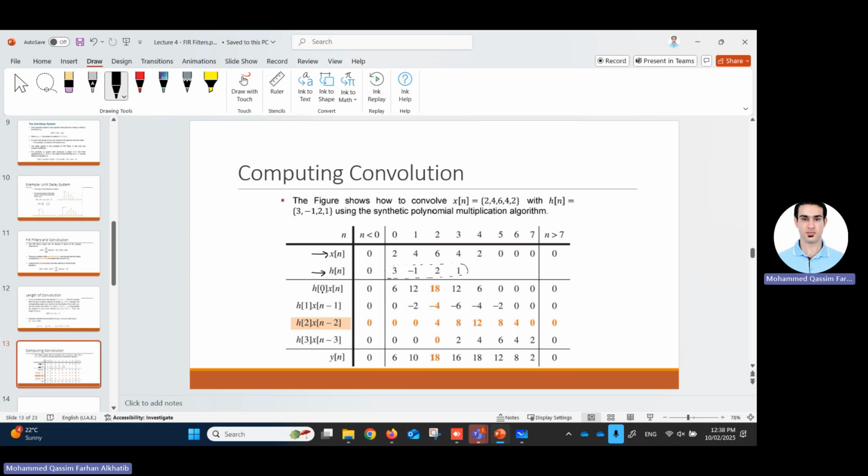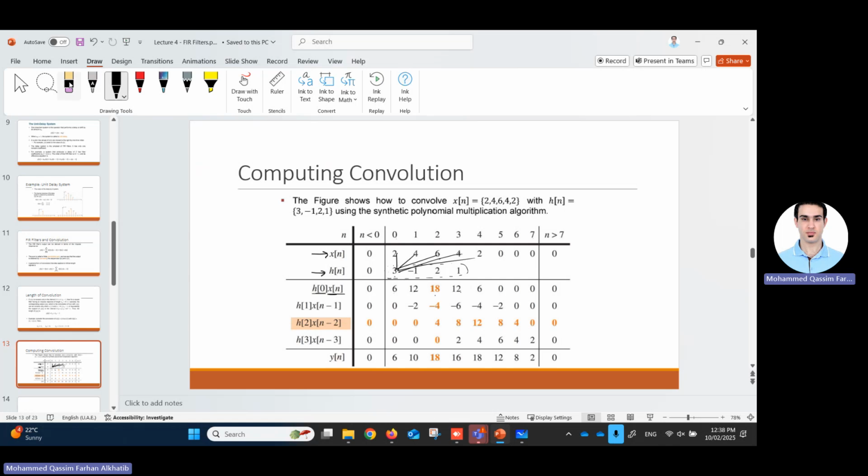The first row, you multiply everything by 3. So you get 2 times 3, that is 6, 4 times 3, that's 12, 6 times 3, 18, 4 times 3, that's 12, 2 times 3, that is 6.